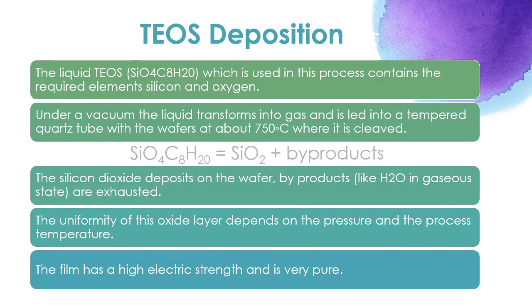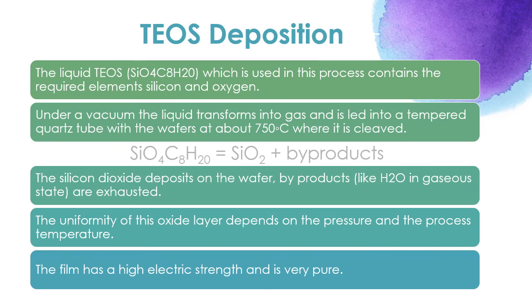The next process is TEOS deposition. The liquid TEOS, Si(OC2H5)4, used in this process contains the required elements, which are silicon and oxygen.